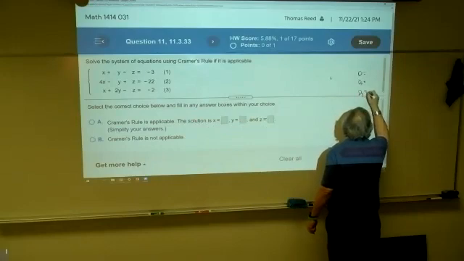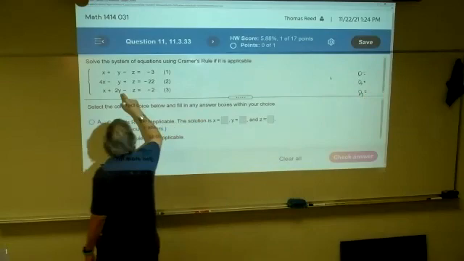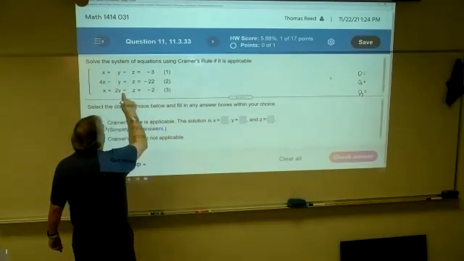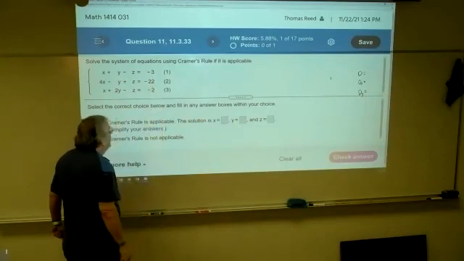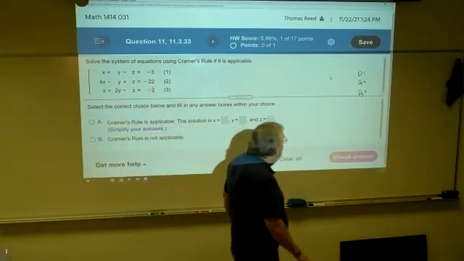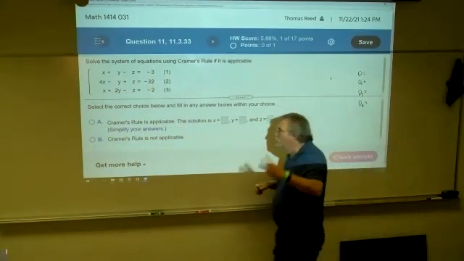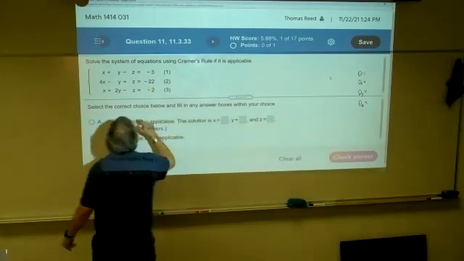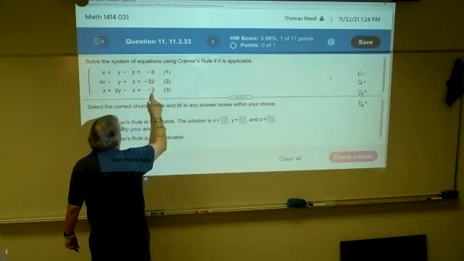And then your D sub y is the same thing, but now I'm going to replace 1, -1, and 2 with 3, -22, and -2. And then we need to find the D sub z because we are finding 3 unknowns. And I'm going to replace these coefficients with -3, -22, and 2.